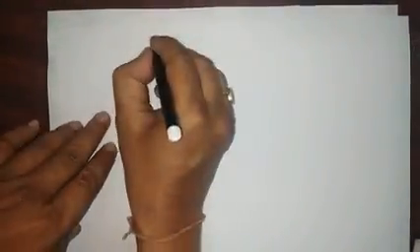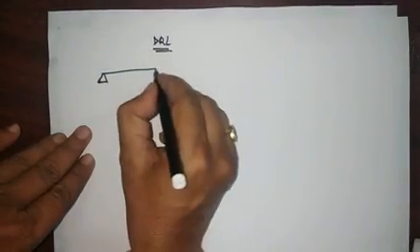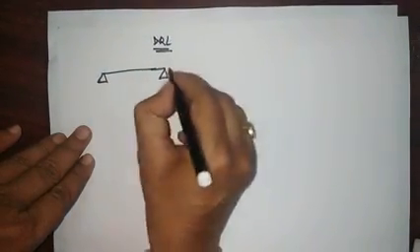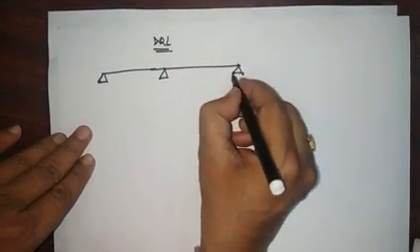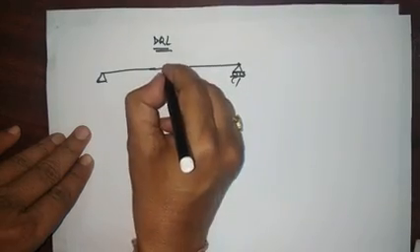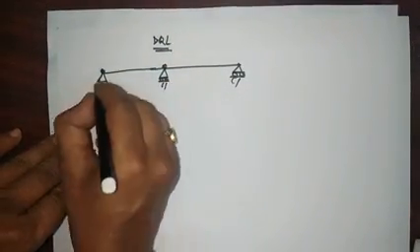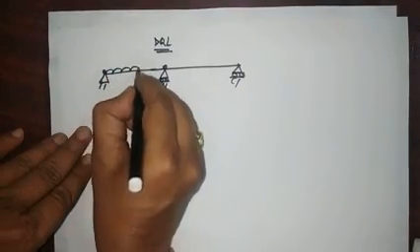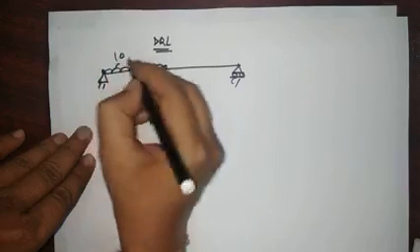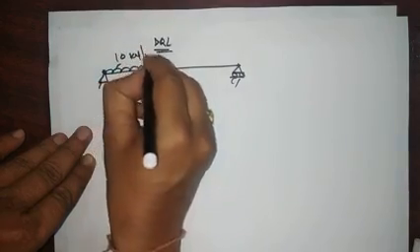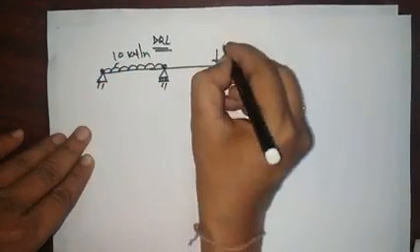Now we develop the dQL matrix. So here we develop the dQL matrix. Now we know this is our beam. Here inserted the hinge, here inserted the hinge. Now this is a load of 10 kilonewton per meter, and this is the 50 kilonewton.